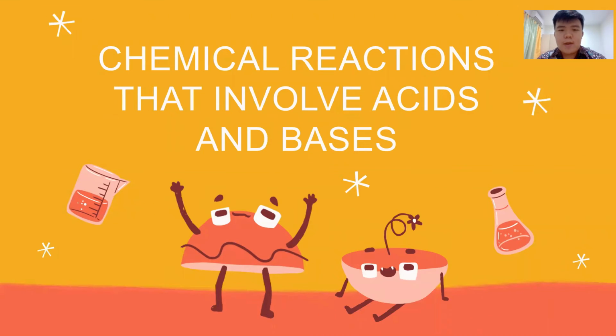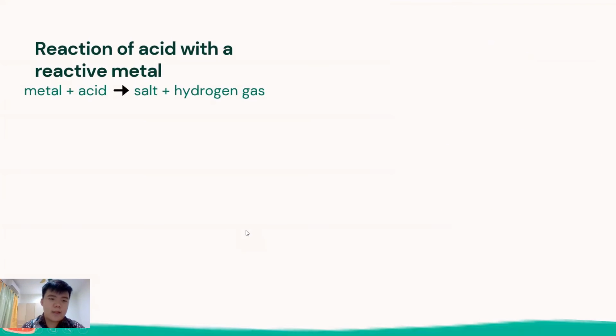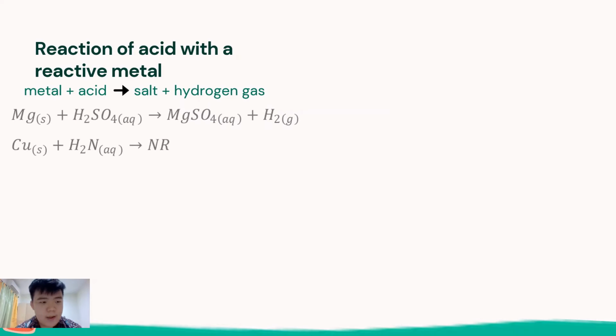The next topic is chemical reactions that involve acids and bases. The first reaction is where an acid reacts with a reactive metal, wherein when a metal reacts with an acid, it will yield salt and hydrogen gas. For example, magnesium, when it reacts with sulfuric acid, will yield magnesium sulfate and hydrogen gas.